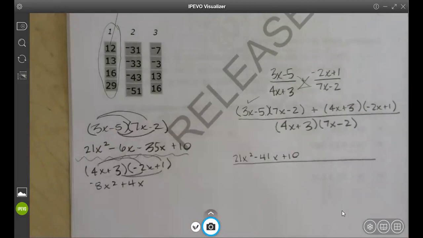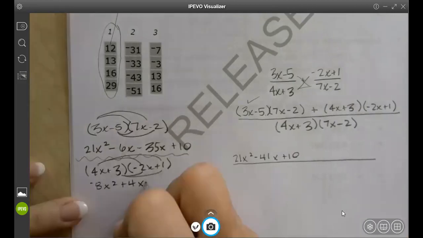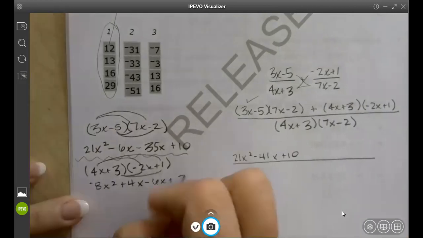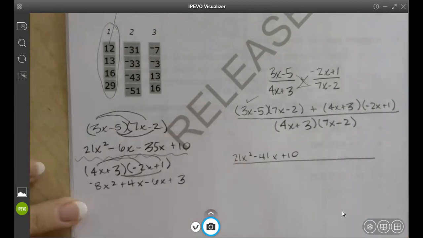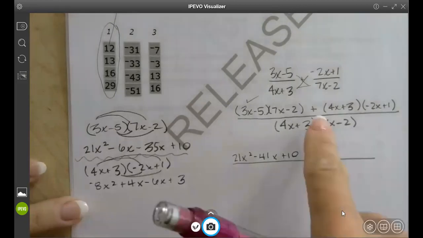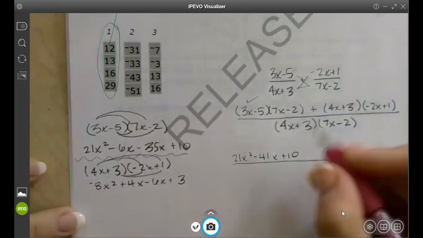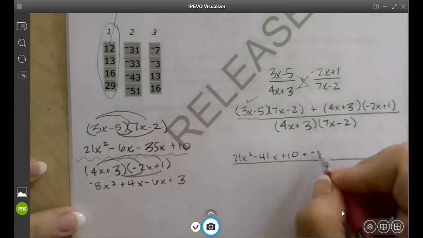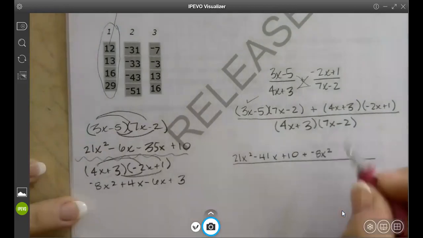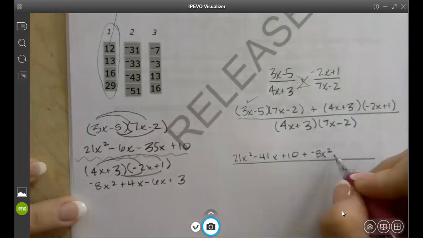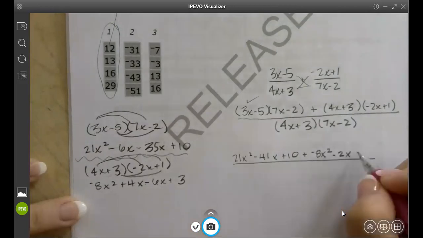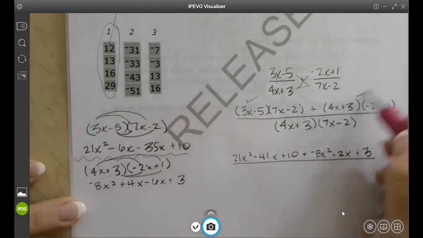Distribute your 3, you get negative 6x and a 3. And I'm going to put that together up here. It's got a plus, so that's good. If it had a minus, then I would have to change all these signs. So watch that. That would be one thing they would do to mess you up. So plus, and I'm just going to write it as negative 8x squared. 4 minus 6 is negative 2x, and then a plus 3. So I did this part.